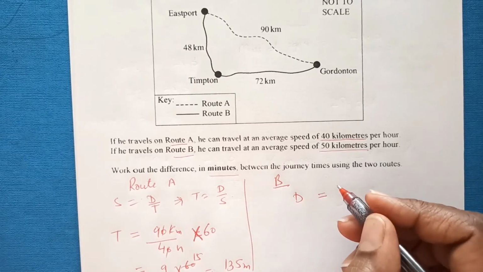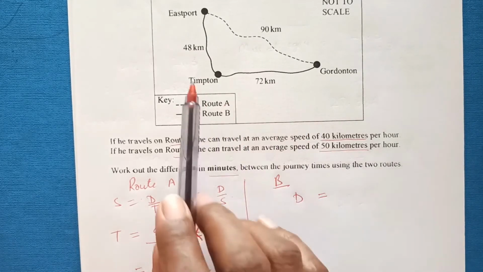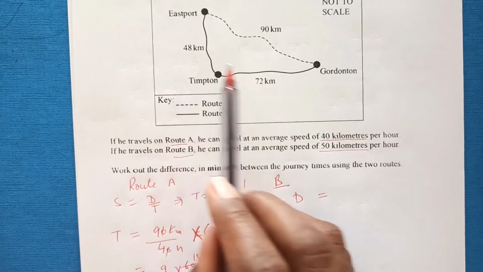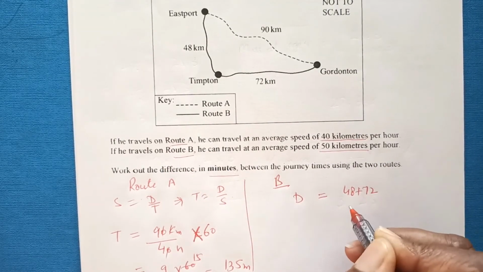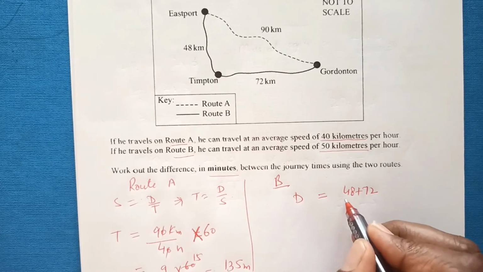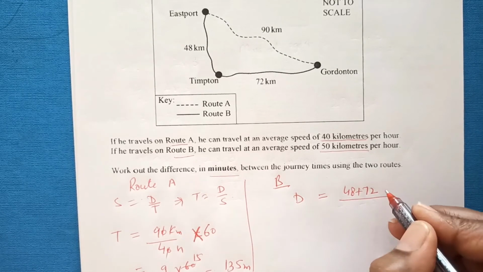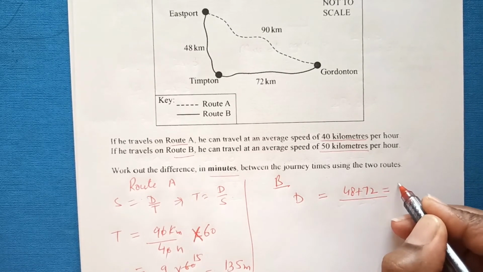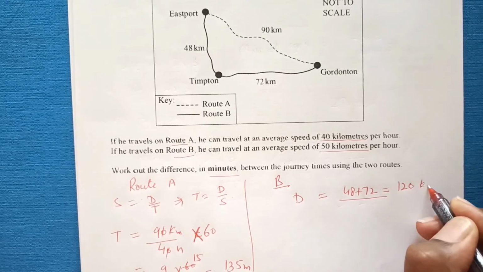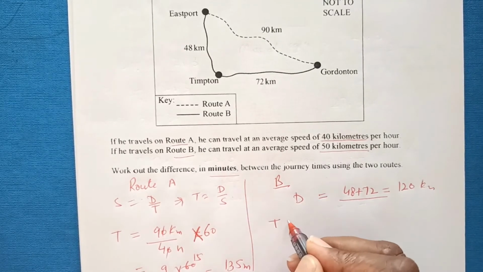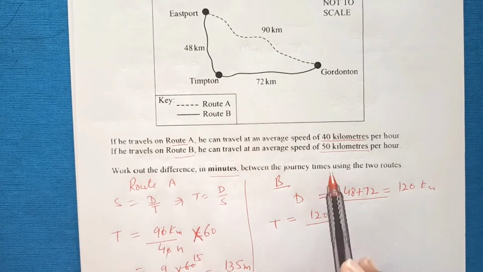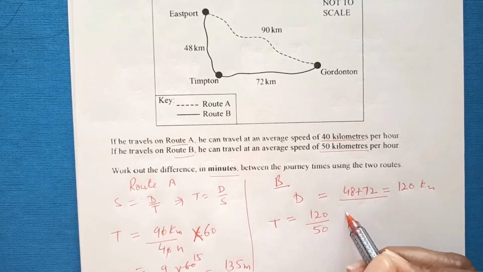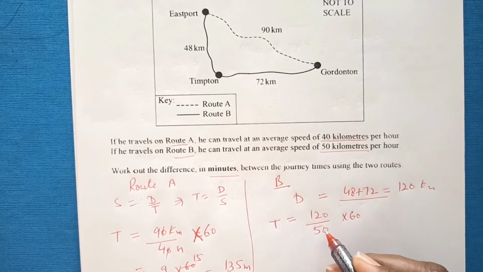And the distance for route B will be 48 plus 72. This is the total distance. This comes out to be 120 kilometers. So time for this will be 120 over 50 times 60.